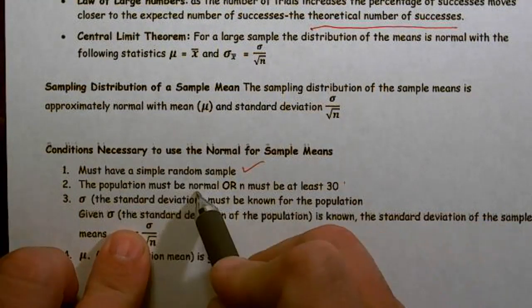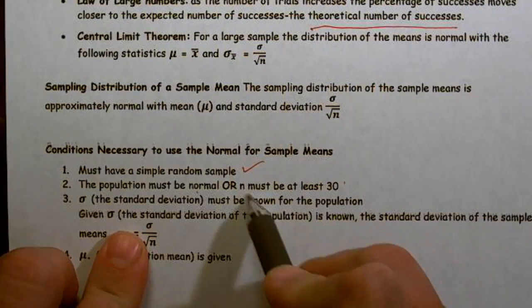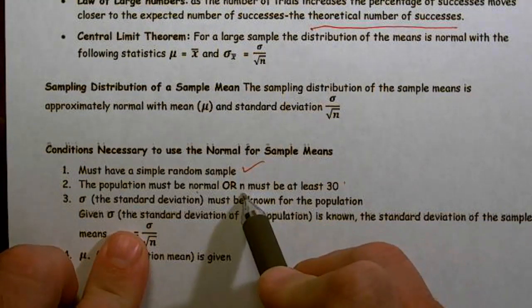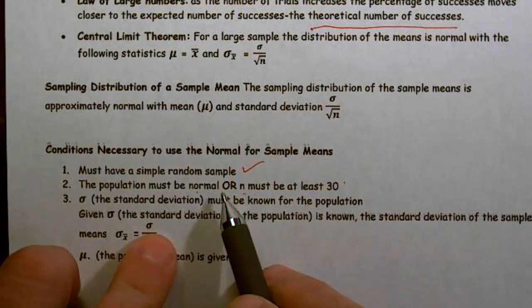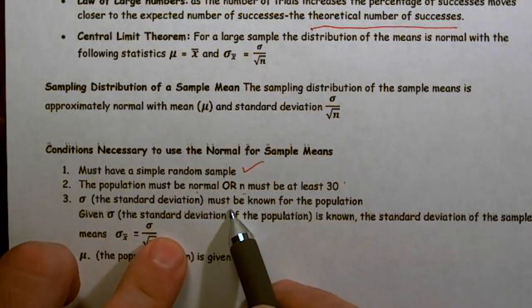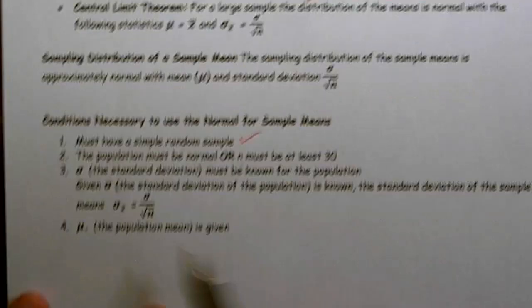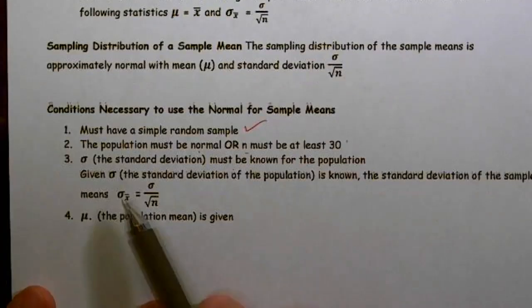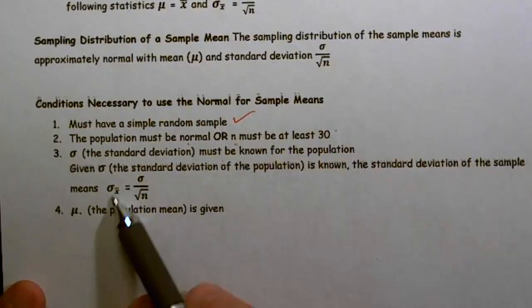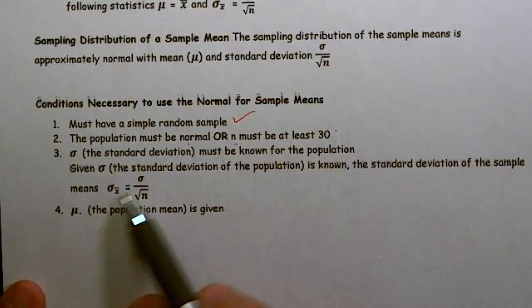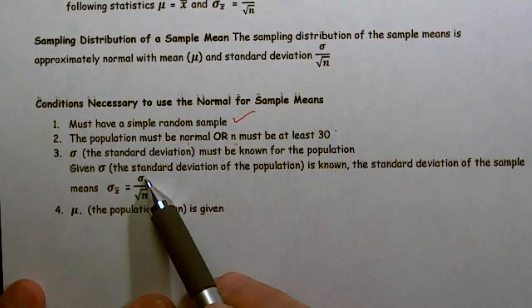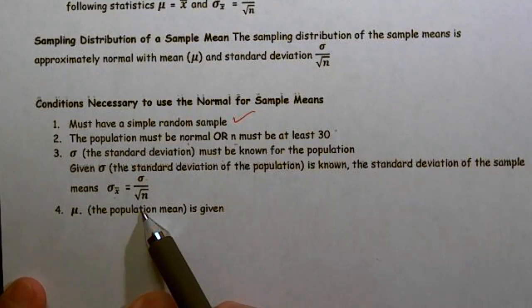A lot of times we don't know if the population is normal, but if our sample size is greater than 30, that works. The standard deviation of the population must be known. And if that's the case, then the standard deviation of x bar, the sample means, is the standard deviation divided by the square root of n.